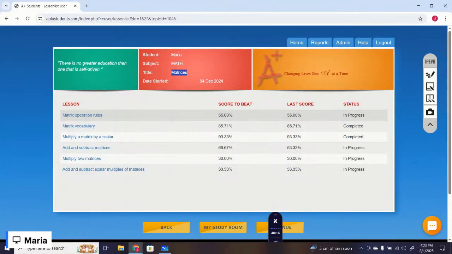Here I'm on grade 9 math. Let's just start with the lesson that is add and subtract matrices.